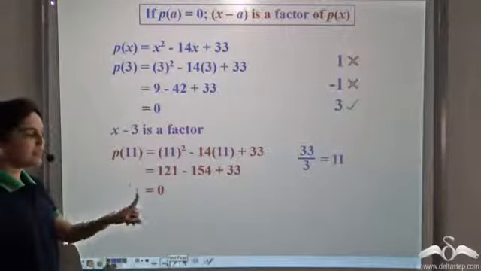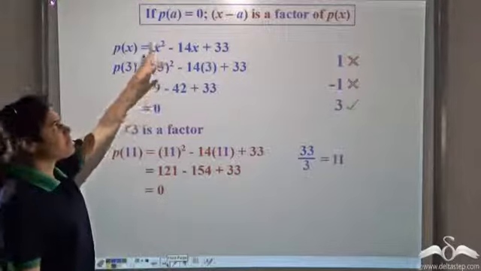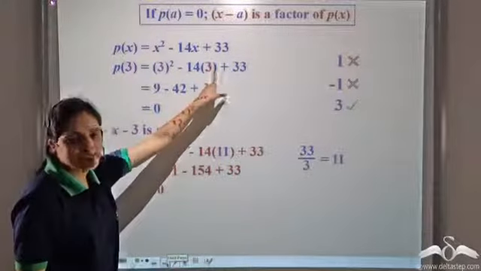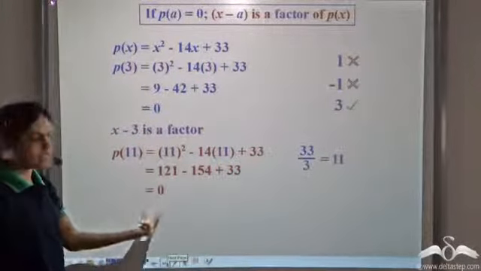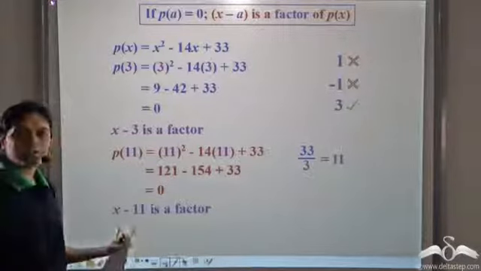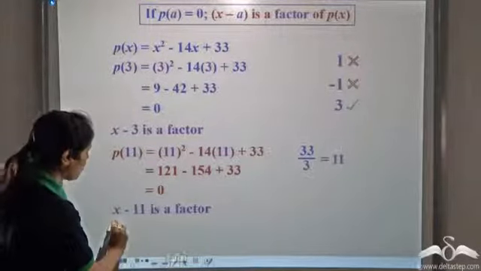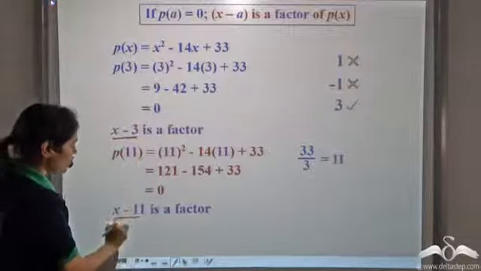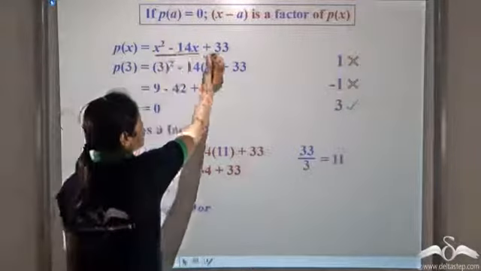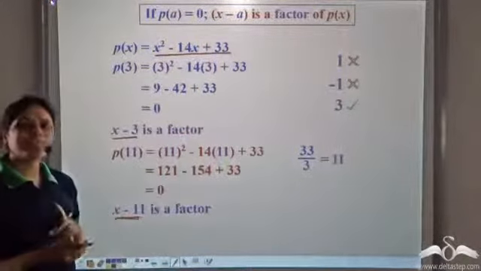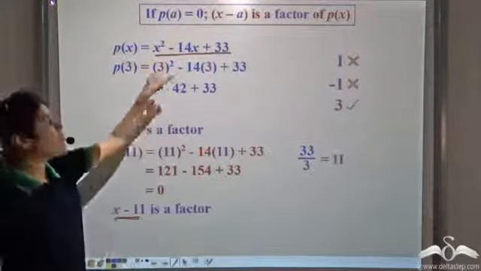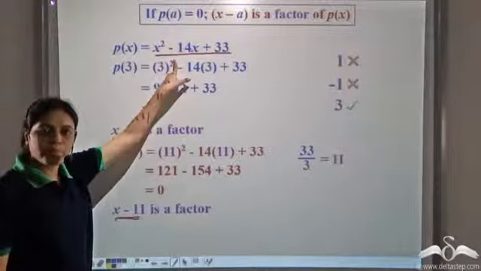So P(11) is 0. Now if P(a) is 0, x minus a is a factor. So if P(11) is 0, x minus 11 will be a factor. So now we have got these two factors of this expression. Note that there will be only two factors because it is a quadratic polynomial.